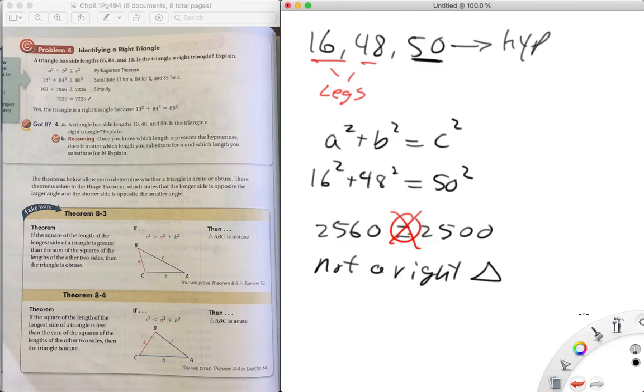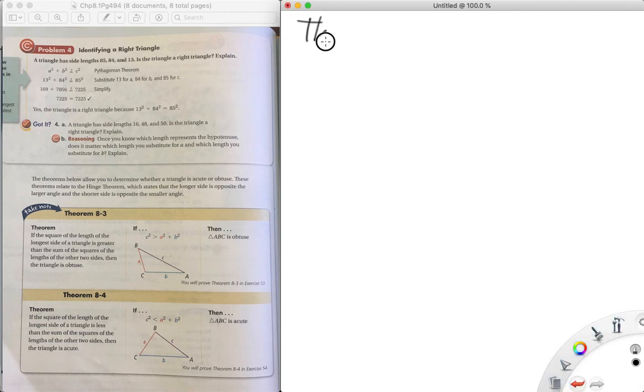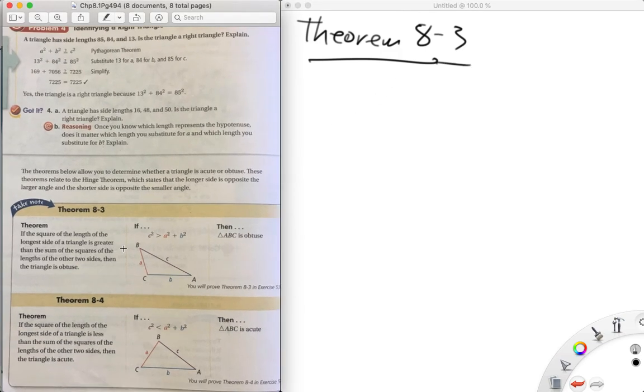Theorem 8.3 says if the square of the length of the longest side of a triangle is greater than the sum of the squares of the other two sides, then it is obtuse.